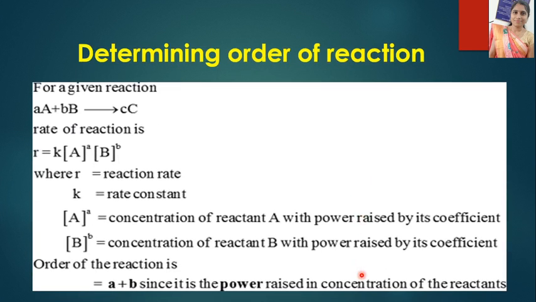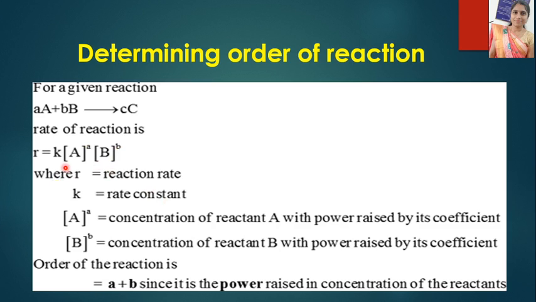So, determining order of reaction. For this reaction, how to determine order? A moles of A plus B moles of B gives C moles of C. The rate of the reaction is given by R is equal to K into concentration of A raised to a and concentration of B raised to b.